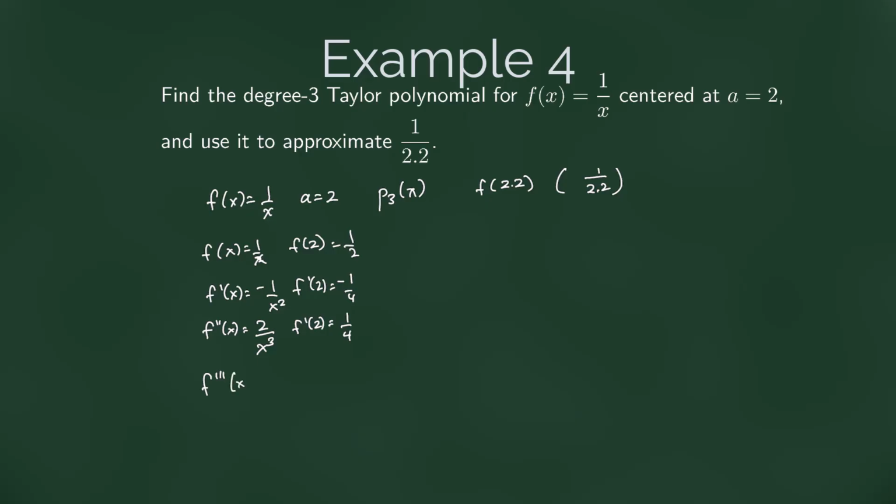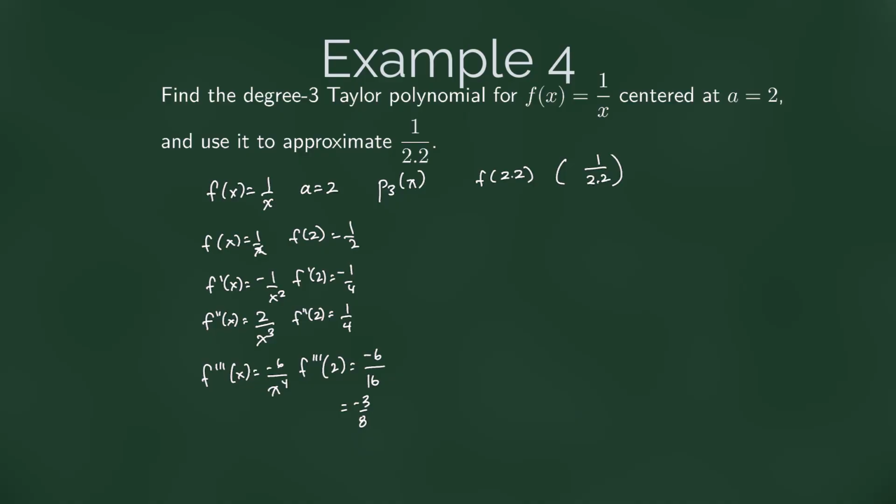And then f triple prime of x is going to be negative 6 over x to the 4th, so that f triple prime of 2 is negative 6 over 16, which is negative 3/8.